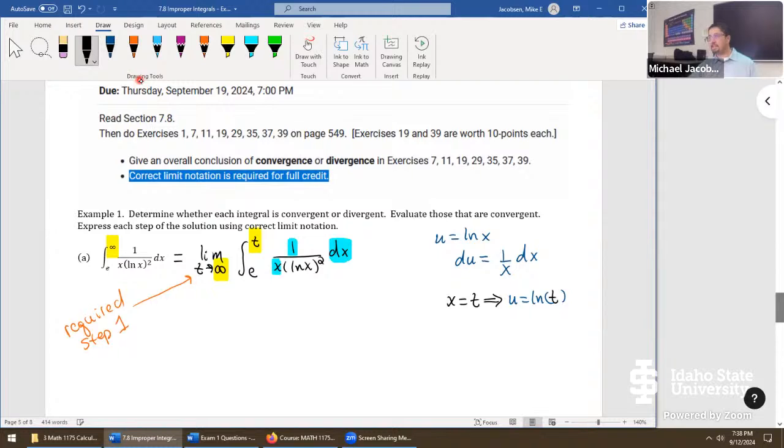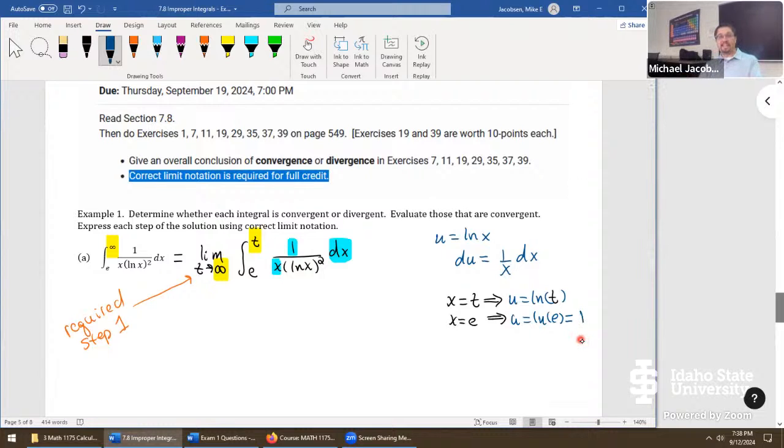So nothing special there. Next, if x equals e, well, let me keep the color consistent. If x equals e, then that will imply u equals natural log e. We need a value for that one. Anyone recall the value for natural logarithm of e? Good call, that one turns out to be a 1.